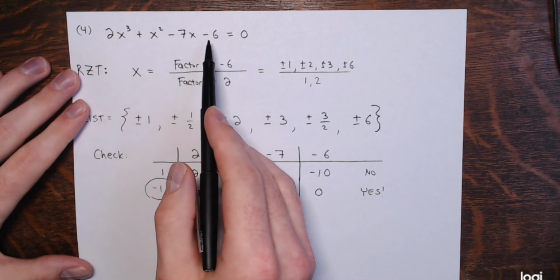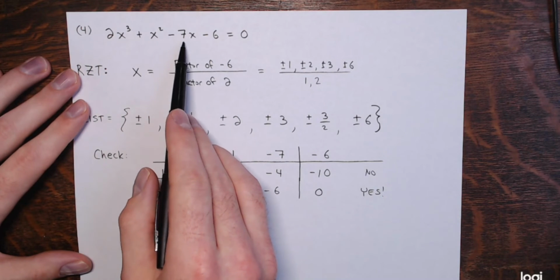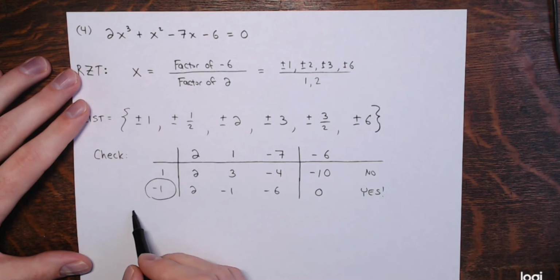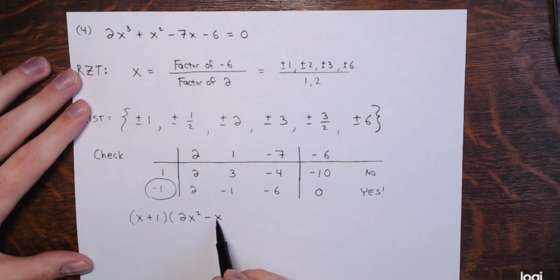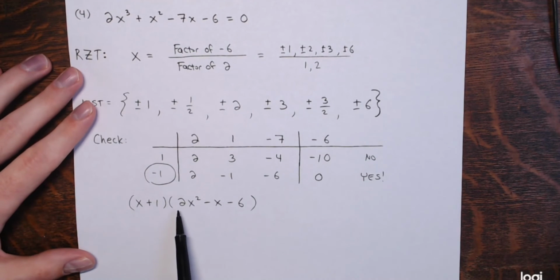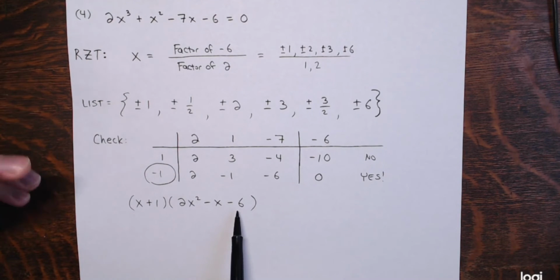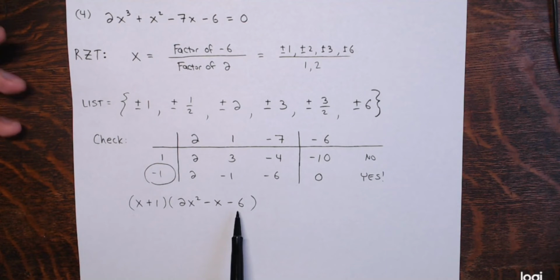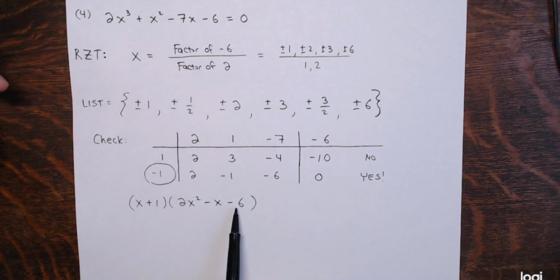So that means we can factor this thing. So instead of 2x cubed plus x squared minus 7x minus 6, I can write it as x plus 1 times, and then this gives me 2x squared minus x minus 6. And now this here, it's a quadratic. You can use the quadratic formula to find the zeros of this factor, or you can try factoring it. This is factorable. 2 times negative 6 is negative 12.